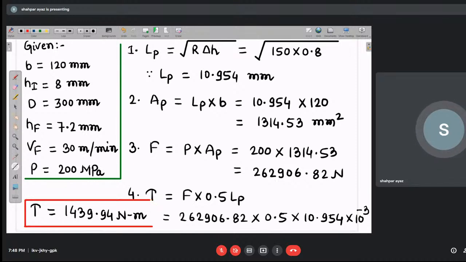That is a major problem, right? It is one of the beautiful problems of rolling. If a student can do this problem, he can solve any problem of rolling. Sir, is this right? 10.95.